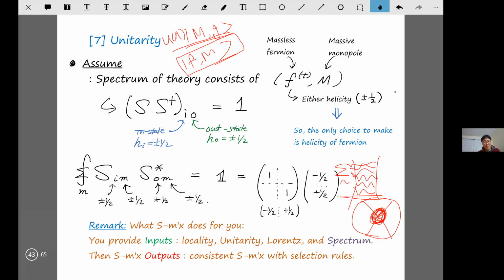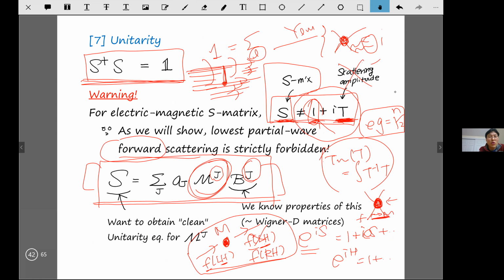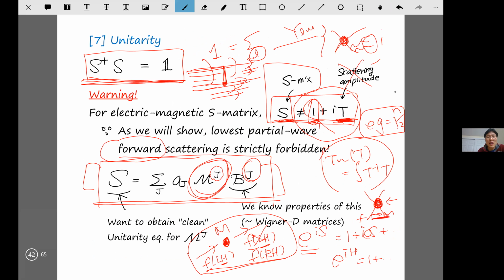Okay, go ahead. Here I will just state the fact that the unitarity equation for the original S matrix can be transferred into the unitarity equation for this reduced matrix element, assuming the spectrum of the theory is basically a pair of a fermion and a monopole, a fermion of either helicity and then the monopole.